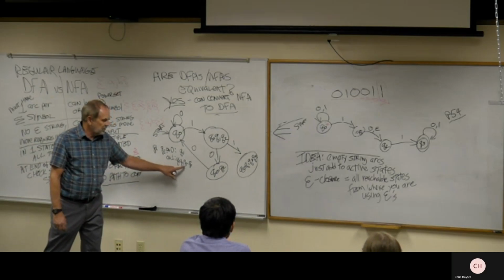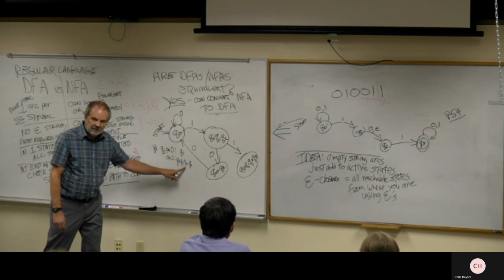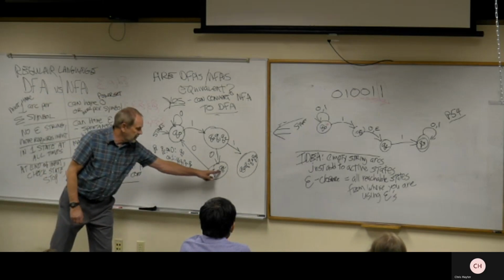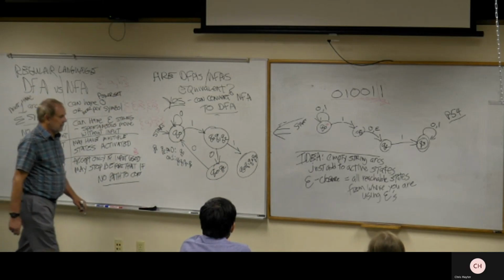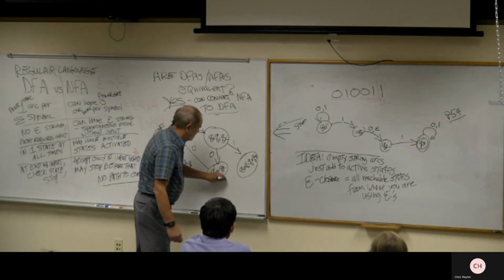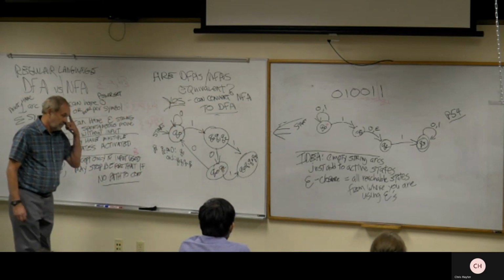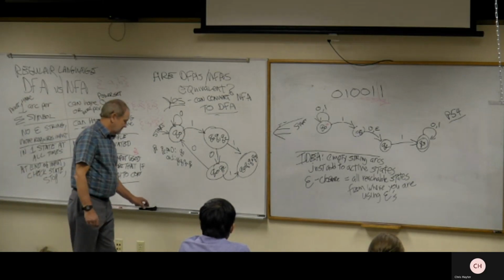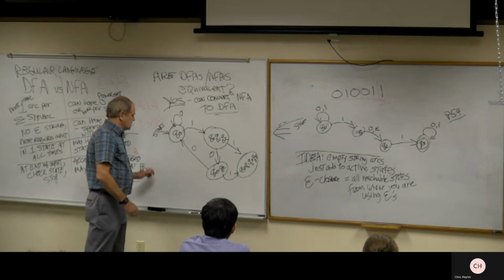Okay, now maybe the last one, we can finish it up here. Q0, Q1, Q2, Q3 on 0. Q0 on 0 gets me Q0, but nothing more. It doesn't get me Q1.